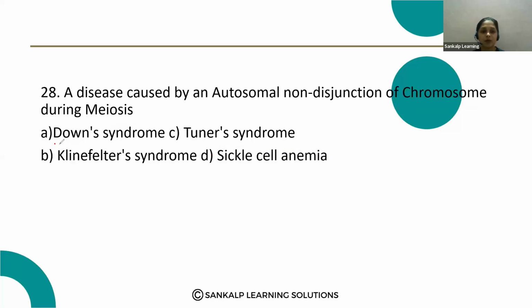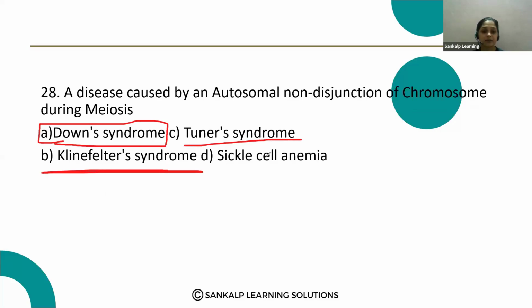Here, the correct answer is Down syndrome, which is caused because of autosomal non-disjunction. The others are all sex-linked, meaning the X or Y chromosome is deleted or an extra X chromosome is added, so they are formed due to the X or Y chromosomes.